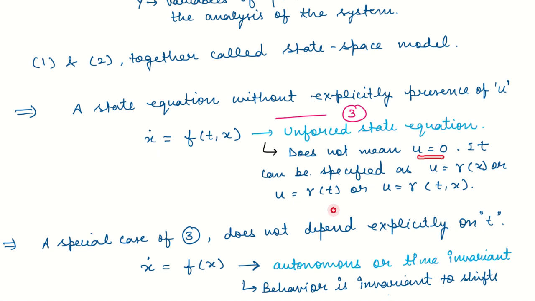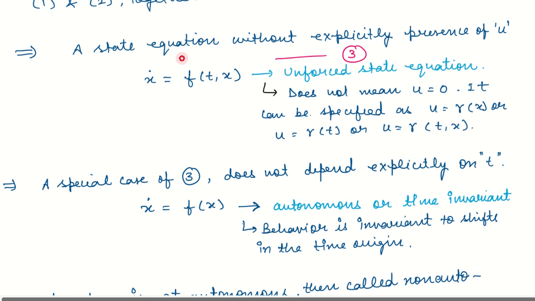It only means that u is not explicitly present in the equation, because u can be a function of t, a function of x, or a function of t and x both. So when you put u as some function gamma of x in the equation, the u will get removed. You cannot see u anymore. Ultimately you will get the final equation as x dot is equal to f of t, x.